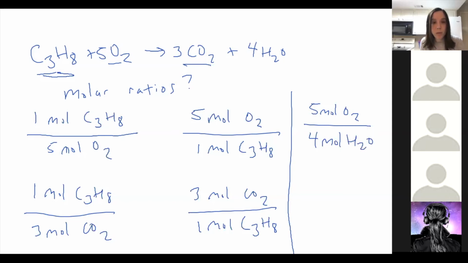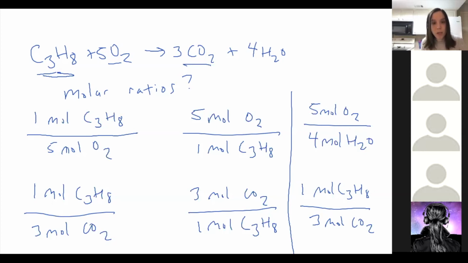And we can say that for every 1 mole of propane, we would get 3 moles of CO2. And these could also be flipped around. I don't have room for that, but you could flip these around too and write as 4 moles of H2O over 5 moles of O2 and 3 moles of CO2 over 1 mole of C3H8.